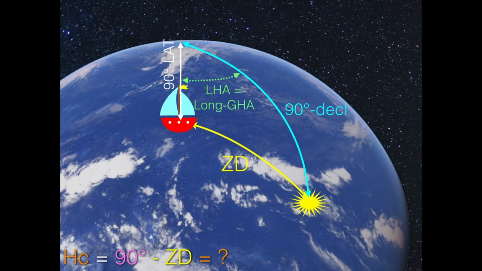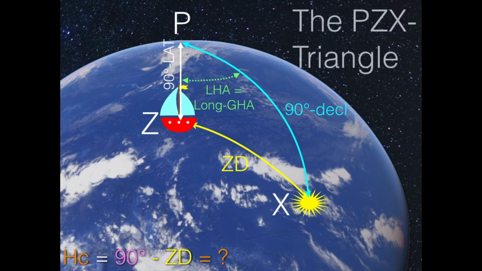And in this triangle, we have a green angle which is known, which is the local hour angle, which is nothing else but our own longitude, which is known, and the Greenwich hour angle, which is known from the Nautical Almanac. And this is the very famous PZX triangle, which so many people do not understand.